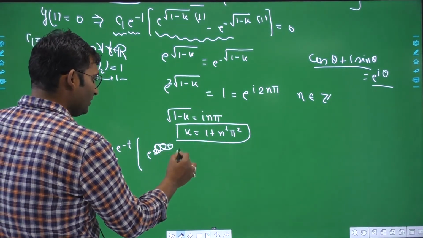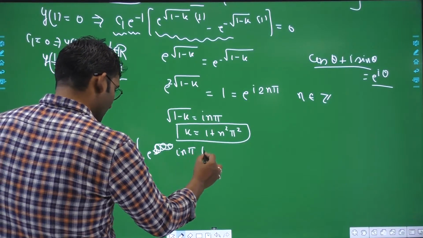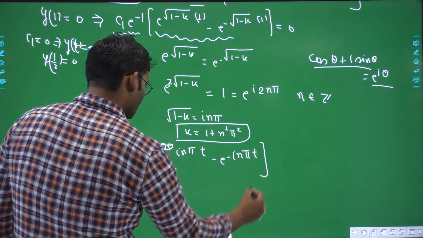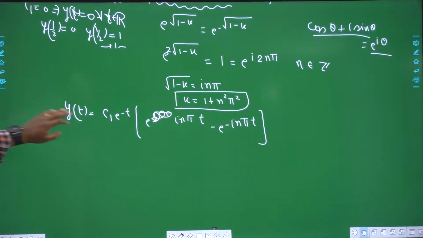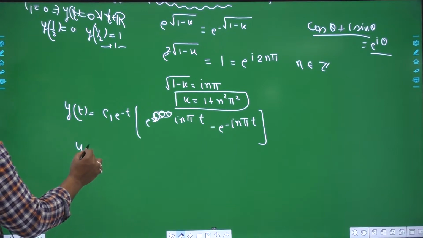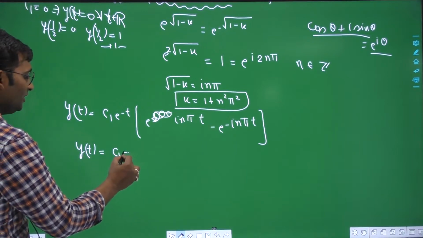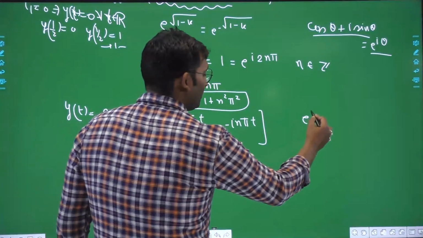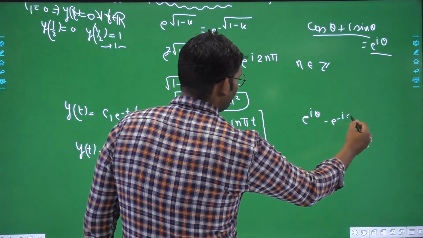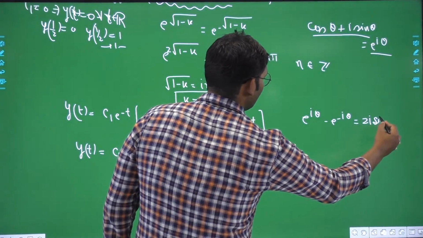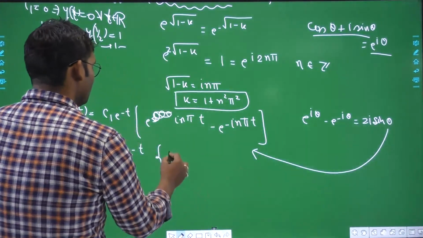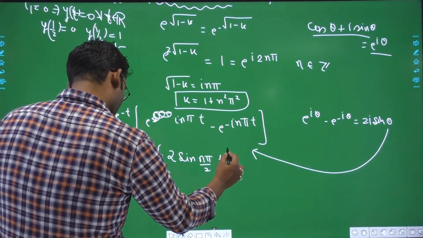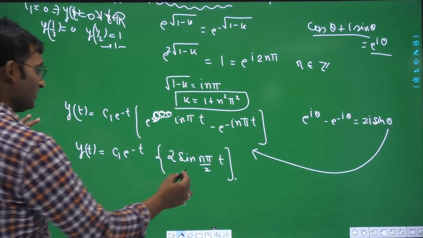You will get e to the power iota n pi t minus e to the power minus iota n pi t as well. So you will get y(t) is equal to c e to the power minus t into, if you can see that e to the power iota theta minus e to the power minus iota theta is equal to 2 iota sin theta. If you replace all these things here, you will get c e to the power iota n pi by 2 times t.